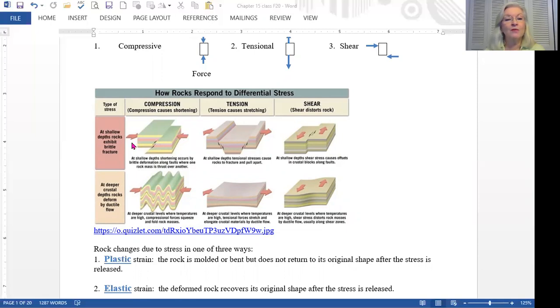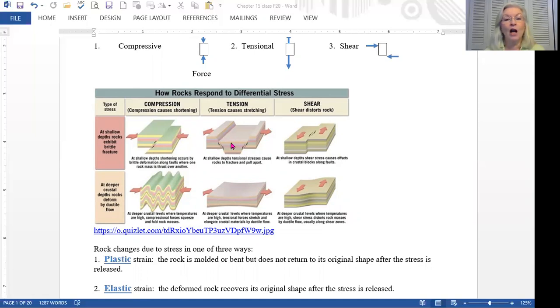So if we push them together, you'll see that in this drawing, the one on the left is going to slide up and the one on the right is going to slide down because we pushed them together. In tension, where you're pulling them apart, you can see again, the faults are not straight up and down, but at angles.